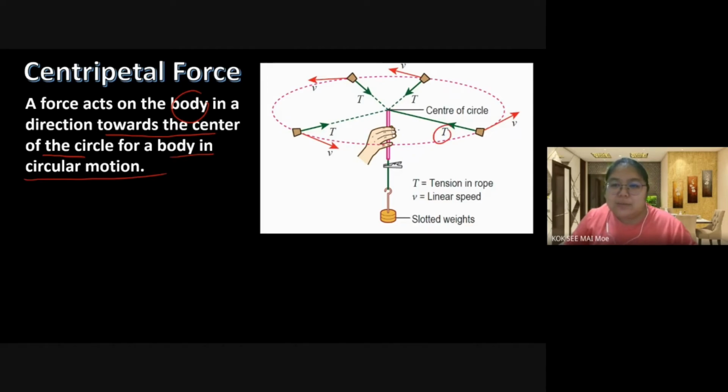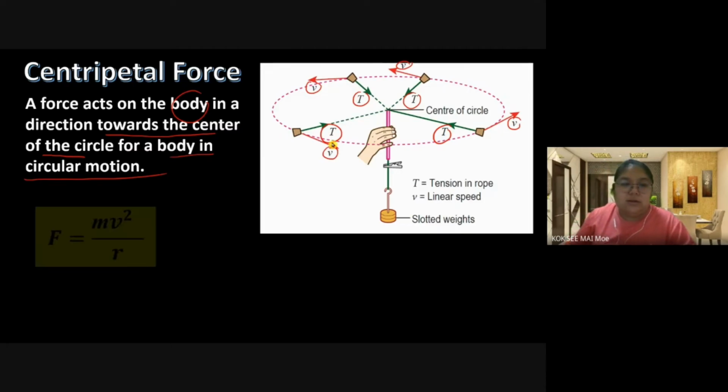It is the same as what you mentioned about the tension. It pulls towards the center. After that, you can see when it is moving, the rubber stopper is moving at different velocities.